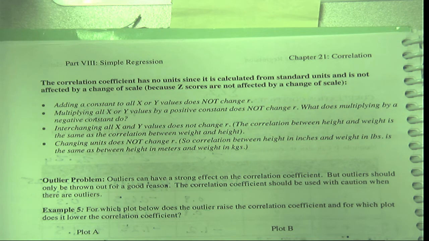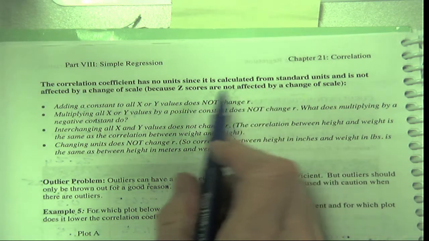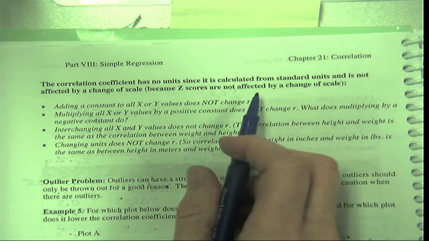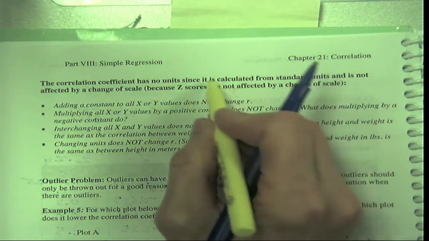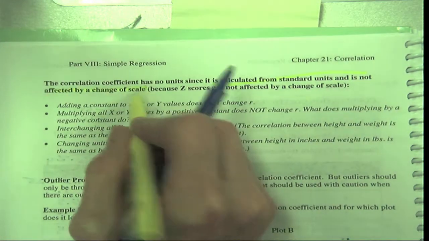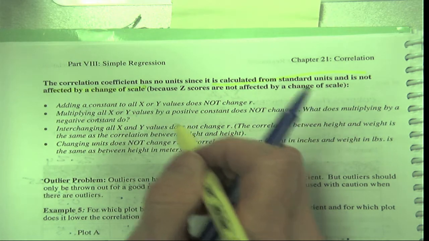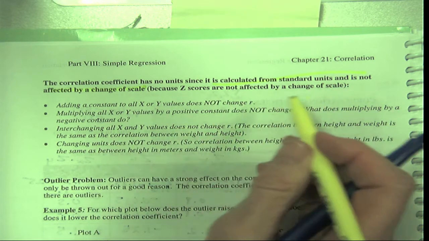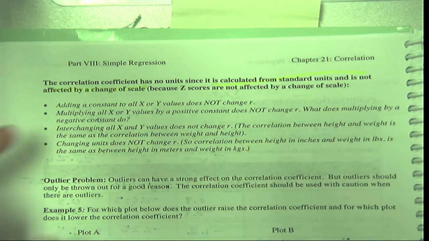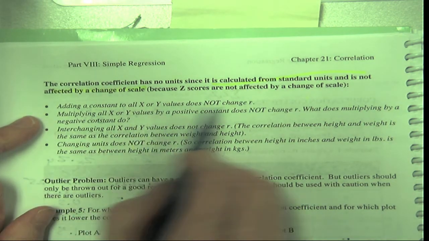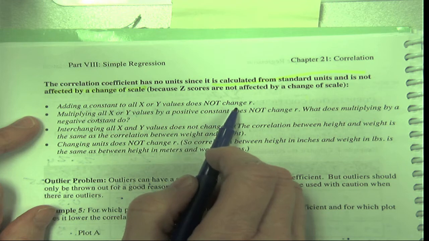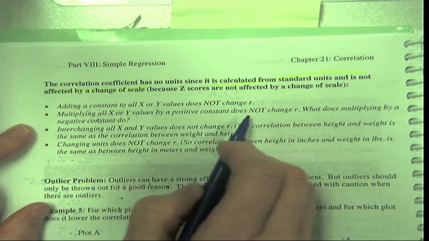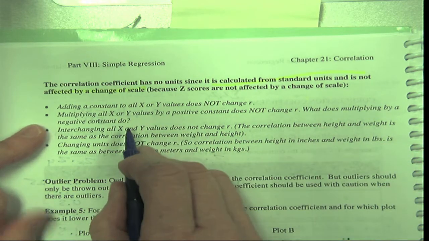It's going to be similar with the correlation coefficient. It's calculated from standard units, so it's not going to be affected by a change in scale. In other words, adding a constant to all the x and y values doesn't change r. Multiplying them all by the same constant won't change r. But what does multiplying by a negative constant do?